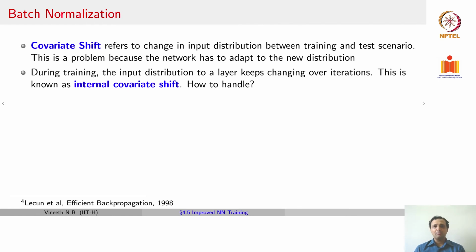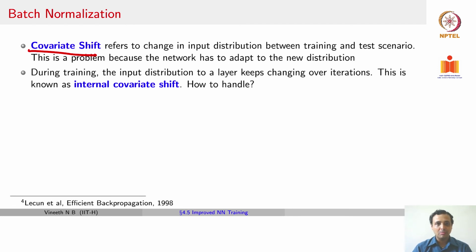Let's move to the last component of this lecture that we're going to talk about, which is an important development that came about in 2015 known as batch normalization. Covariate shift is a problem that in machine learning refers to a change in input distribution between training and test scenarios.